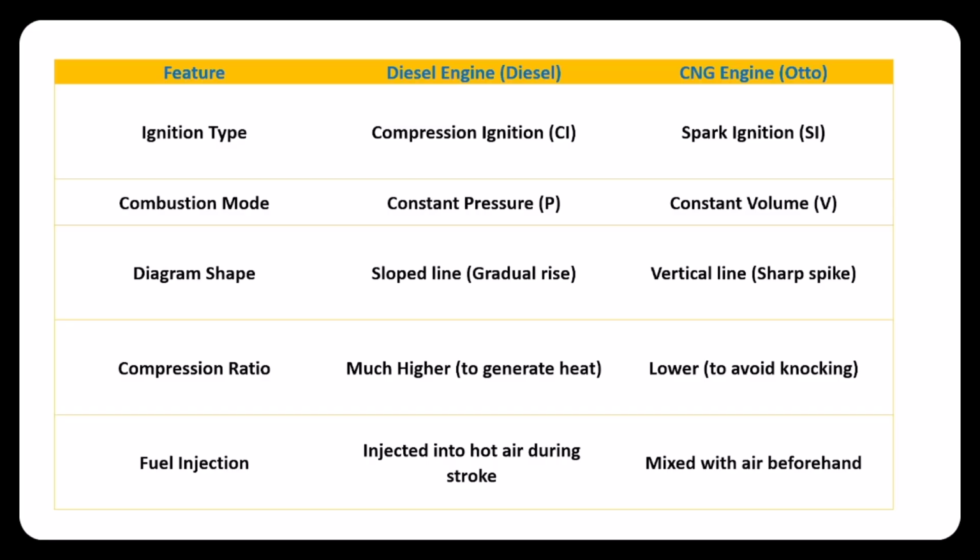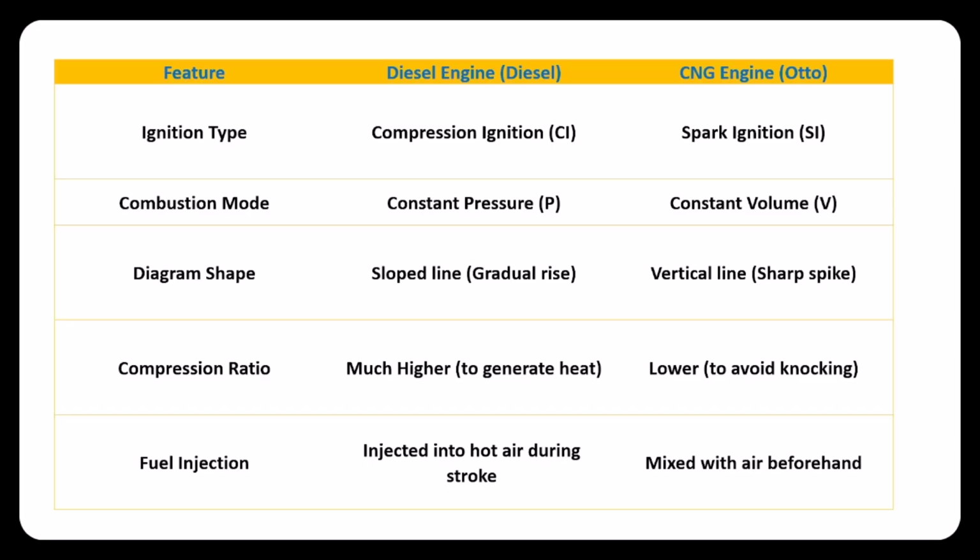Combustion mode is constant pressure in diesel, and in the CNG engine, the Otto cycle, we have constant volume. Diagram shape is a sloped line in diesel, and in CNG, the Otto cycle, a vertical line. In the same way, you can see other differences.